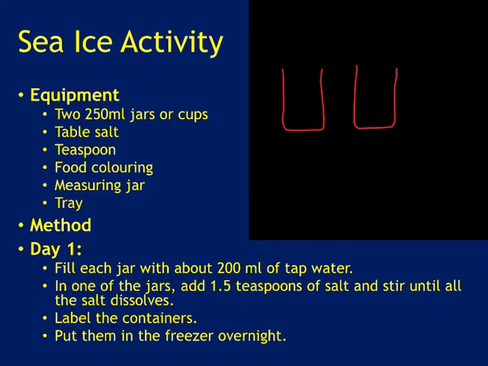As long as the cups are the exact same shape and you're putting the same amount of water into each cup, into one of them you are going to put about 1.5 teaspoons of salt. This is going to be your saltwater ice. The other you are going to just leave, and this is going to be your freshwater ice.